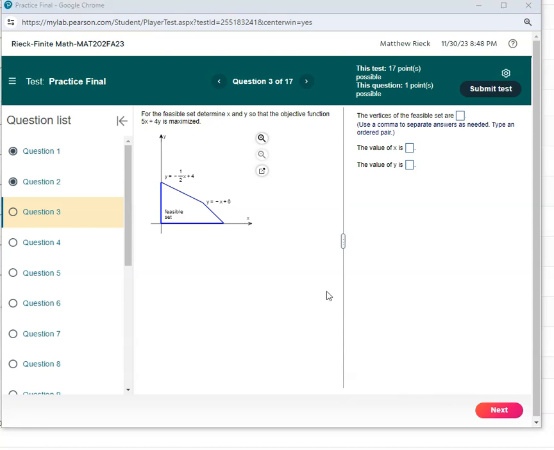All right. So if I have the feasible set here, you have y equals -1/2 x plus 4. Here we have y equals -x plus 6.